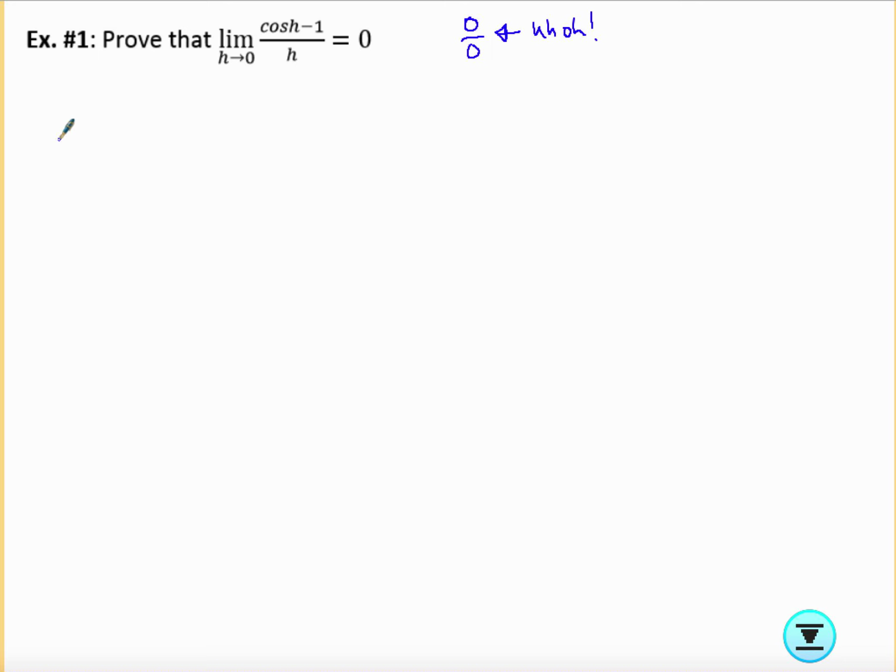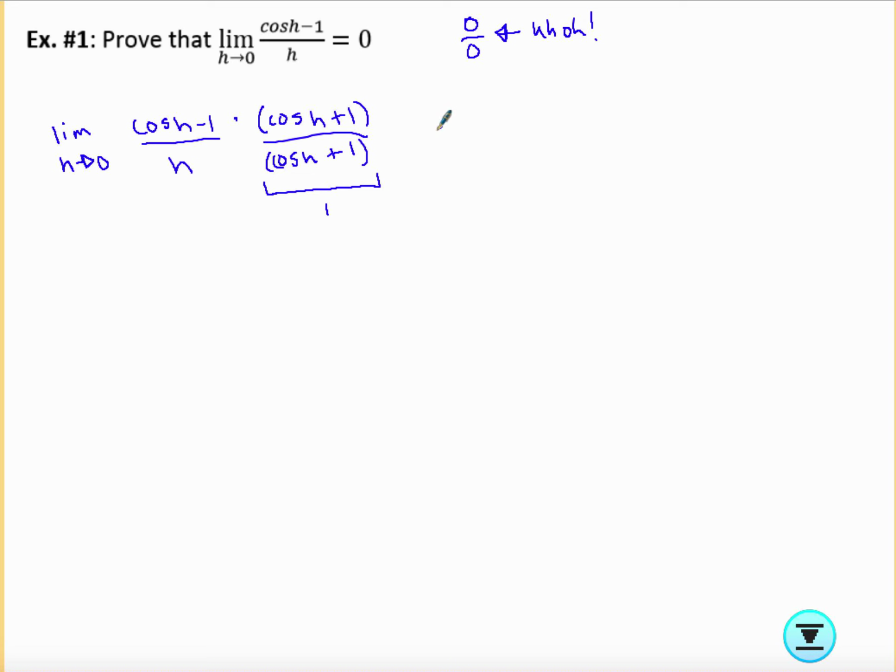So let's try multiplying the top and the bottom by the conjugate of the cosine of h minus 1, which would be the cosine of h plus 1. So I've got my original cosine of h minus 1 over h, and let's multiply on the top and the bottom by the cosine of h plus 1. It's not really like I'm changing anything that much, right? Because any number divided by itself is actually 1. So I really haven't changed the value.